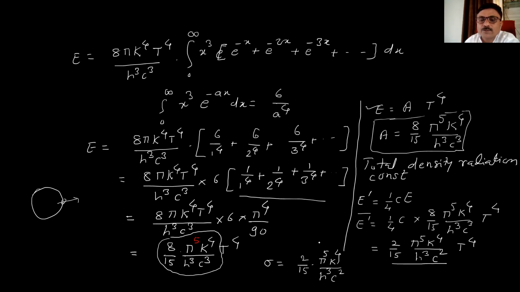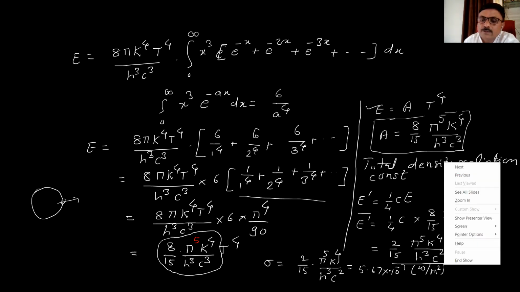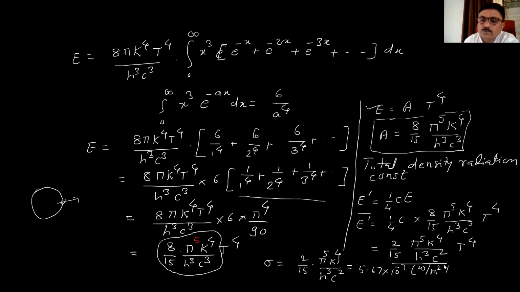So this is Stefan's constant, and the value of Stefan's constant is 5.67 into 10 raised to minus 8 watt per meter square into K raised to minus 4. This is the unit.